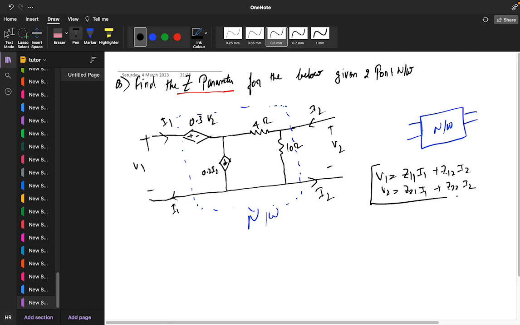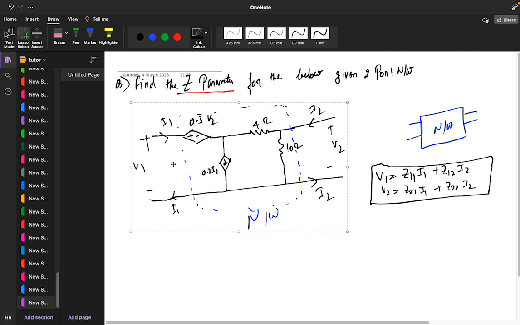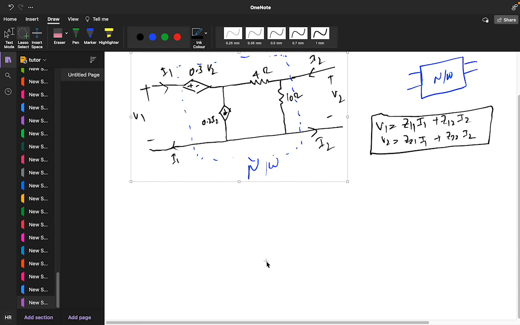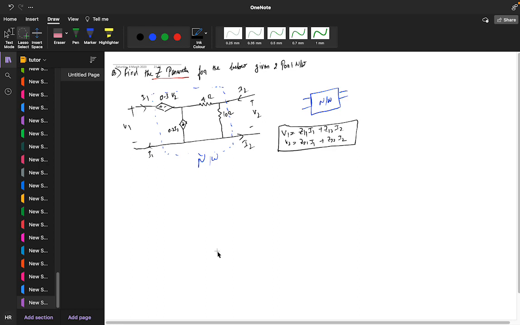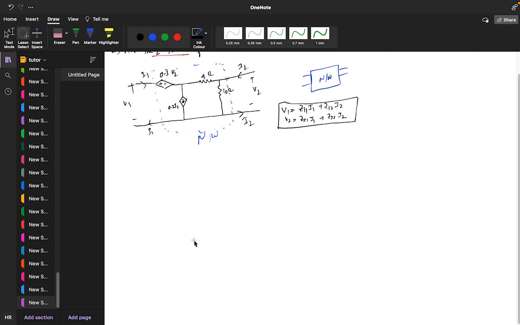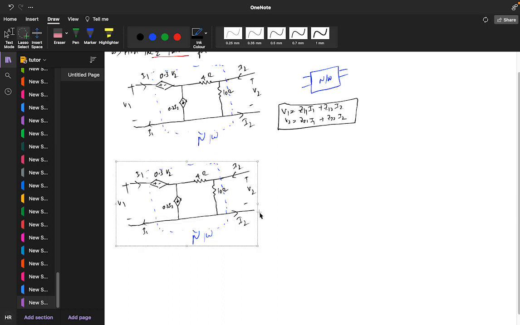So you know this particular equation, right? So apply this equation in this network and get the result. If you apply this, how will you get the result?